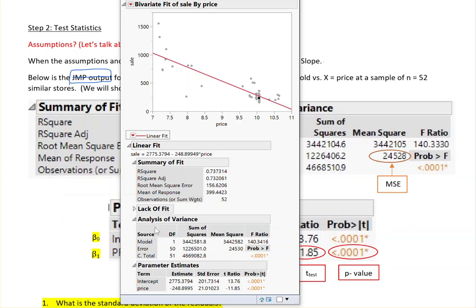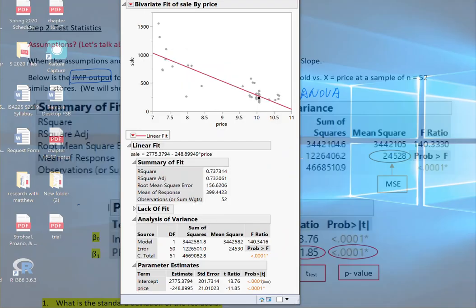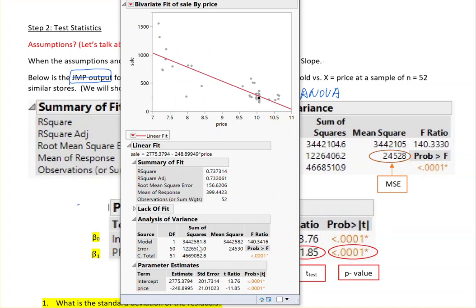So this table is very important in regression, and it is short for ANOVA. You should have heard about that several times, but I think you didn't know what it was.